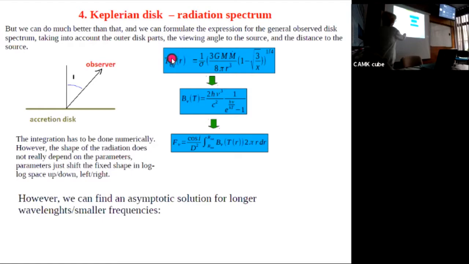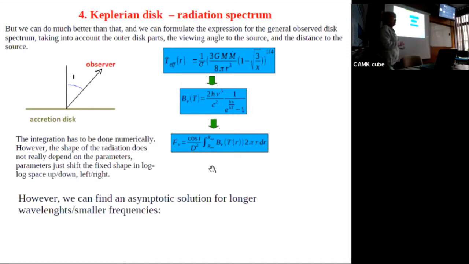So first, you need to know the effective temperature as a function of radius. Then knowing the temperature at that radius, you can calculate the emissivity at each frequency and radius from the Planck function. And now you have to integrate that over the radius and multiply by cosine i, this viewing angle.